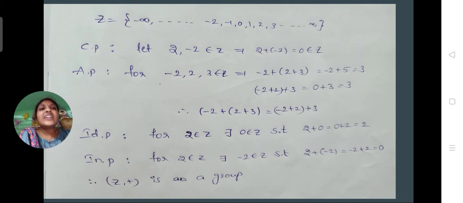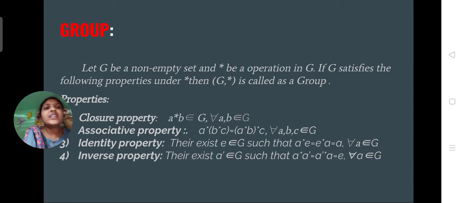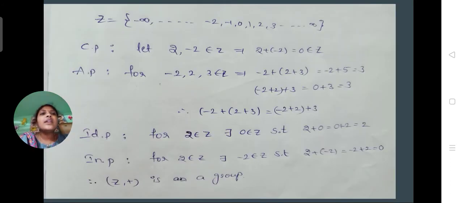So these are integers. Now we have to operate. The associative property says a star (b star c) and (a star b) star c are equal. So for that, first of all I take the elements minus 2, 2 and 3.